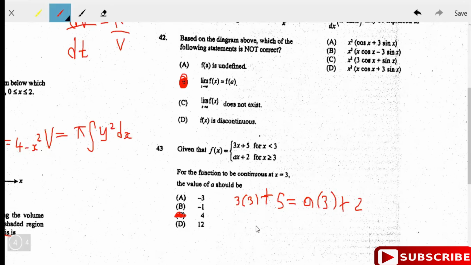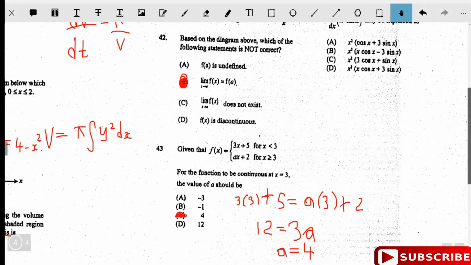So bring over this 2 to get 12 is equal to 3a, and so a must equal 4. Yeah, that's right. Easy question. That's 43.